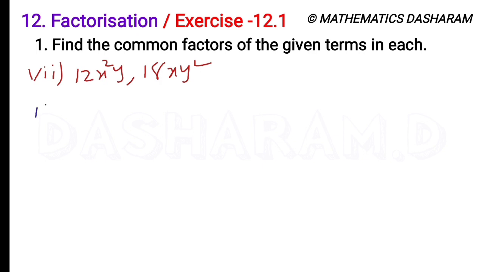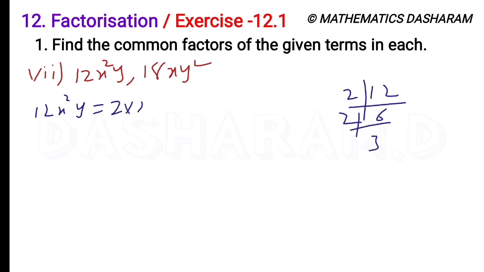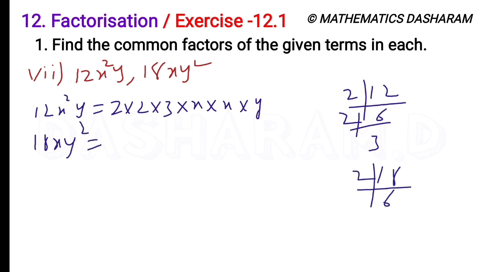Seventh question, 12x square y. So 12 factorization: 2 6s, 2 3s. So 2 into 2 into 3, x square is x into x, then y. Next, 18xy square equals, here 18 factorization: 2 9s, then 3 3s.